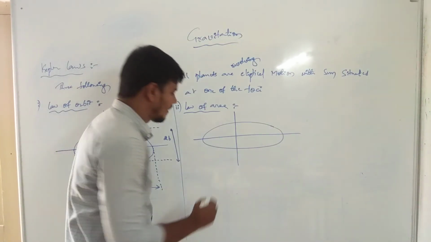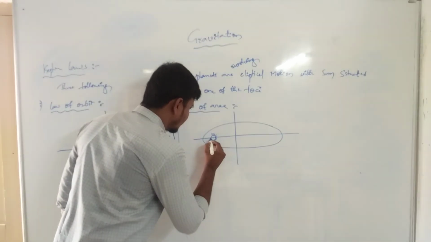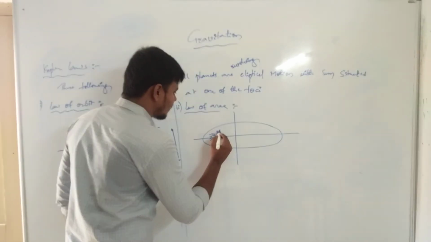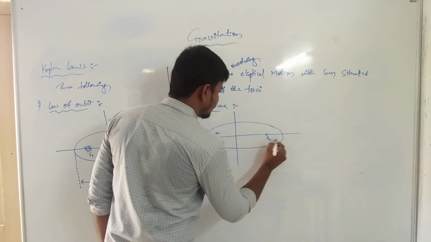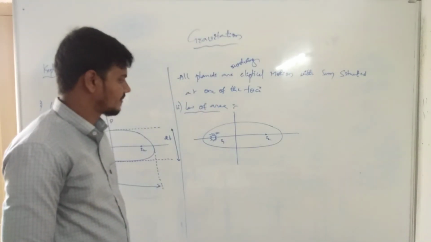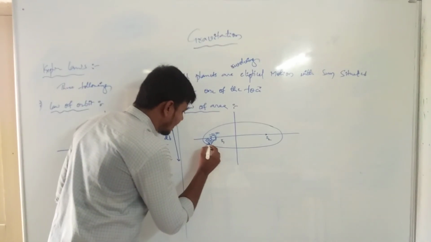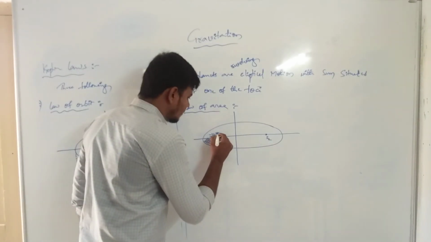Clearly, this is the sun property, S1. Now this is the S2 property. Now clearly we observe this area.